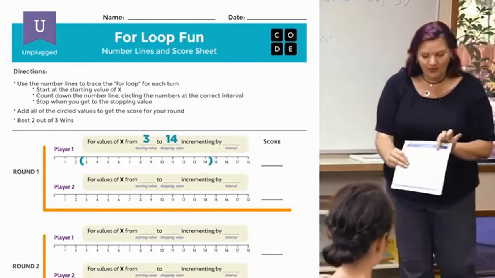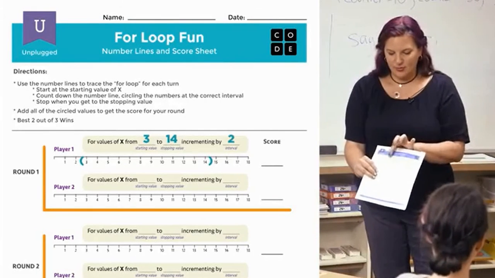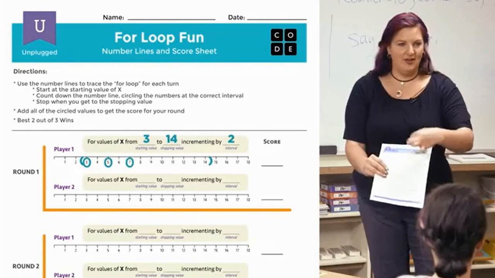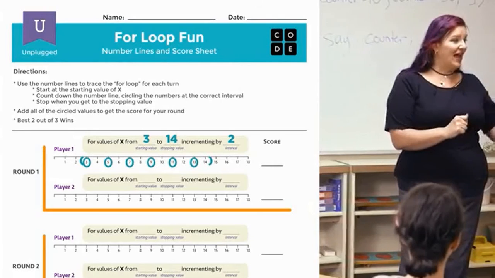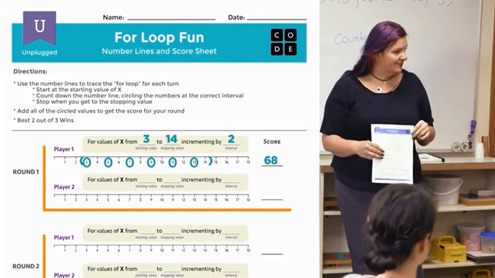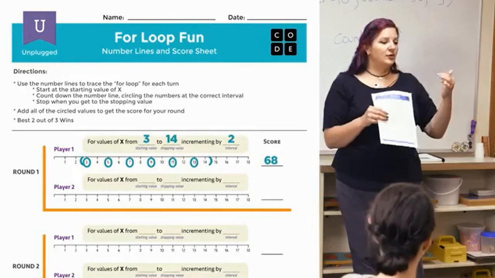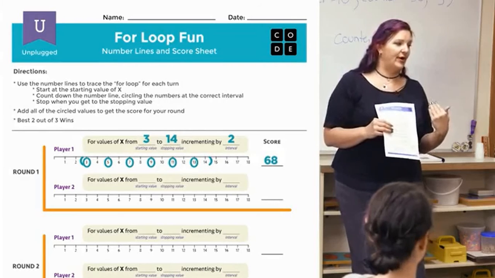And then you'll roll to see how many you count by. You'll go through and circle all the numbers as you go, adding them all up and having the highest score. What if your counting number can't add up to your ending number? Then you do the last counting number before you get to the ending number.